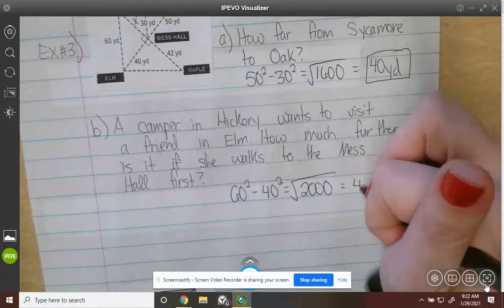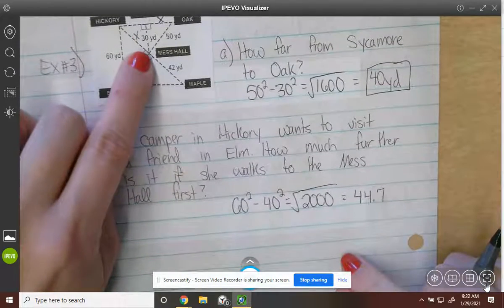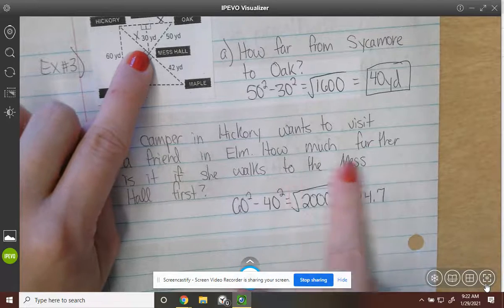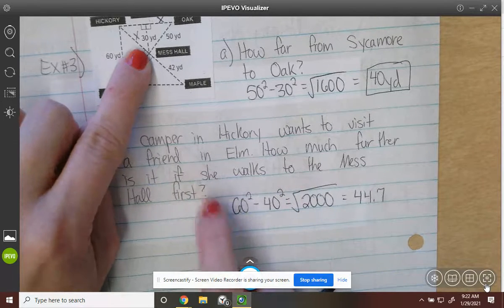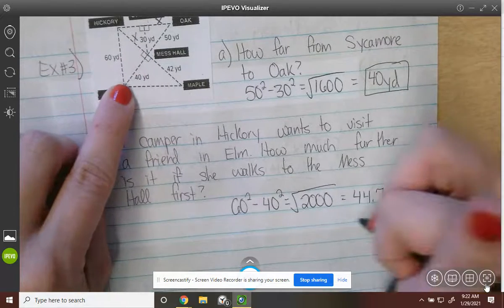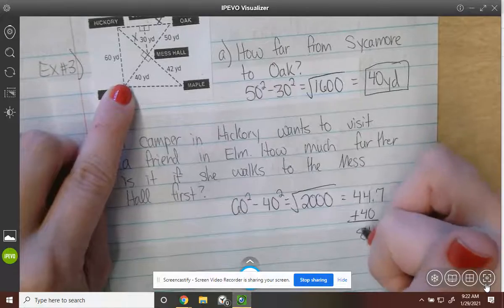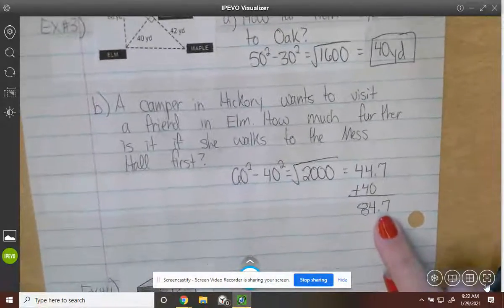And I get 44.7. So that means from here to here, it's 44.7. That's not what it's asking, though. It wants to know how much further if she walks to the mess hall first. So we know it's 44.7 there plus another 40. So she's walking a total of 84.7 yards.